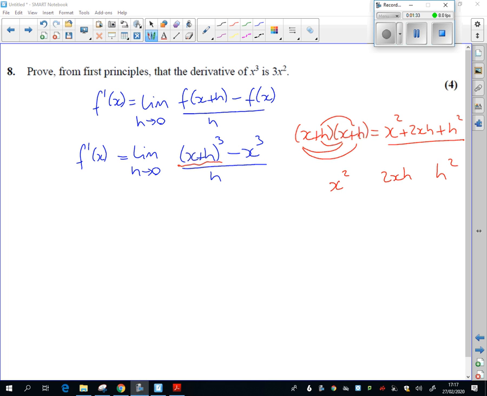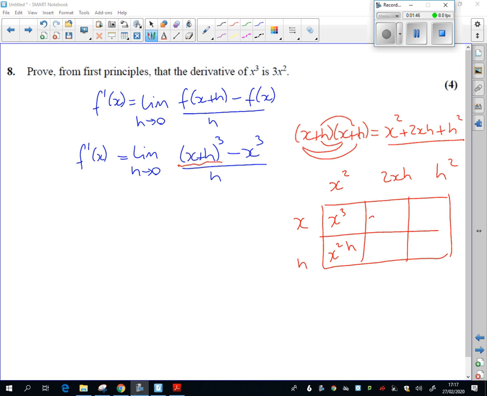Okay, so that needs to be multiplied through by x plus h, so x times x squared, x times 2xh, 2xh times h, x times h squared, and h times h squared.